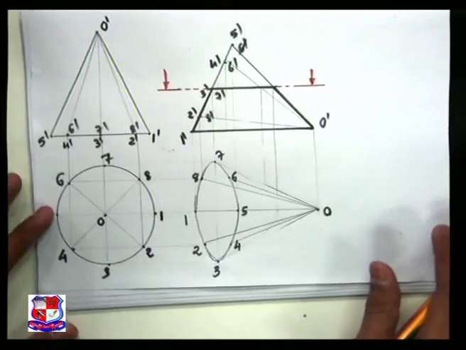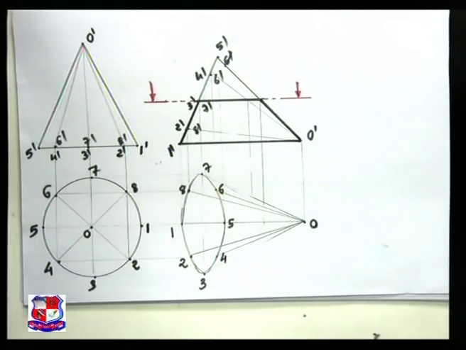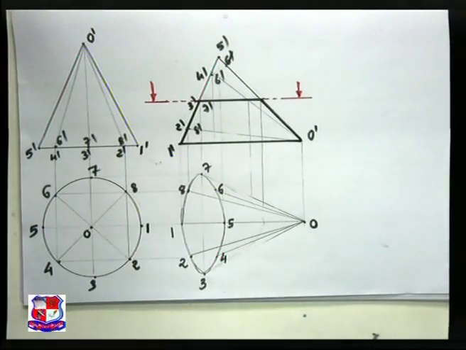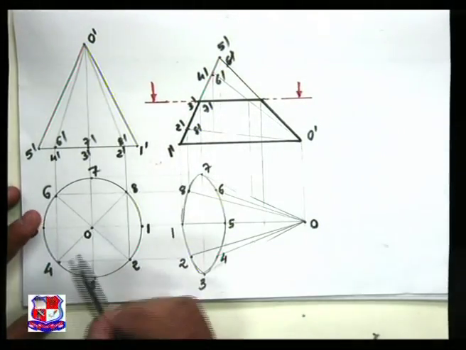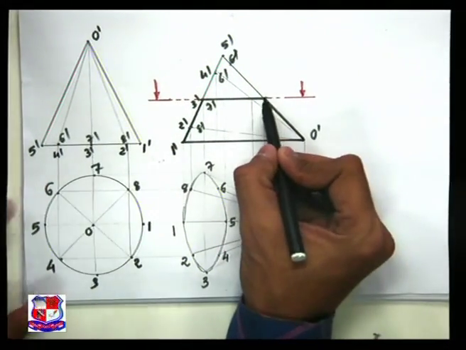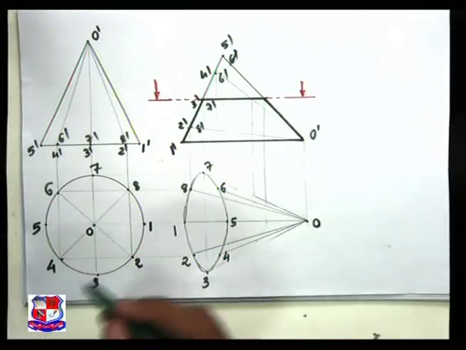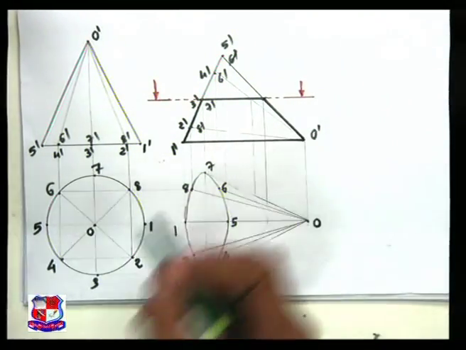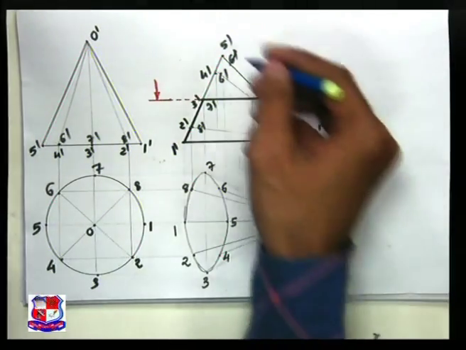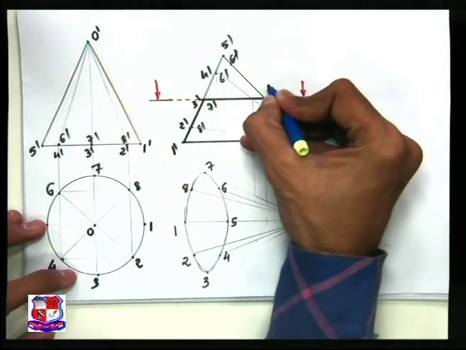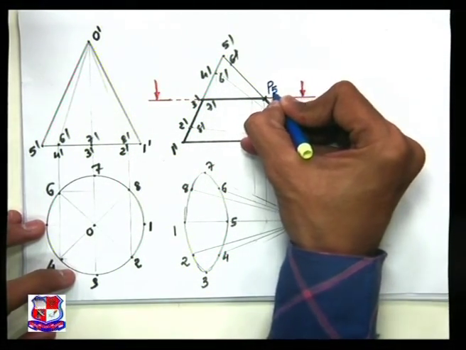Now our exercise starts. Find out the position of points of intersection between the cutting plane and generators. Let me start from here. Here is the first point on 5 O dash 5 dash. We name it as P5.